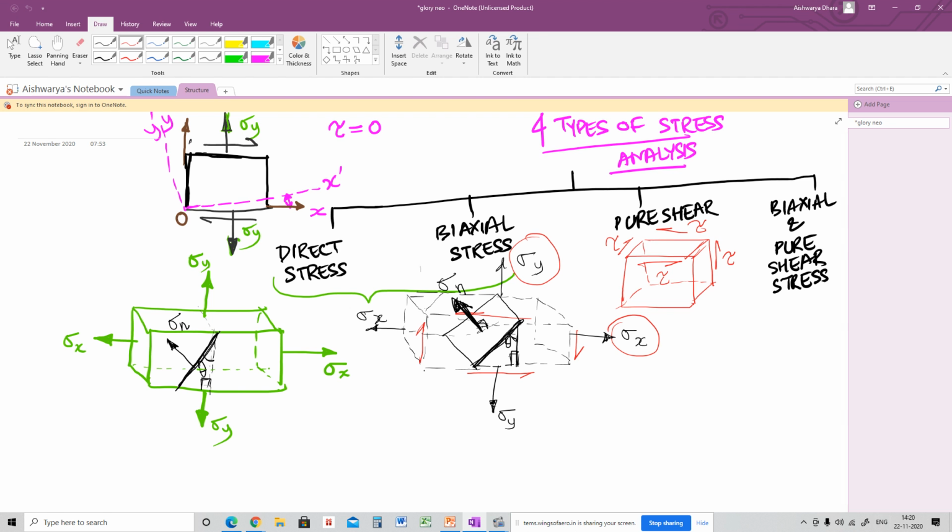The main motto here is to predict the principal angle. Principal angle is where there won't be any shear stress on the plane, right? That's what we have seen. You got it? The main motto, based on the different loading systems, is what will be the principal plane deformation, or where will be the transformation of the axes from the original axis. Is it clear?